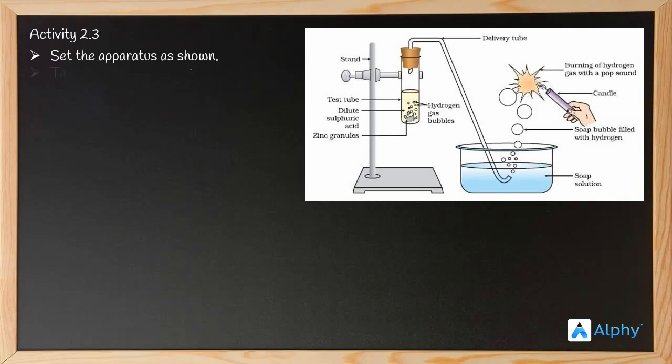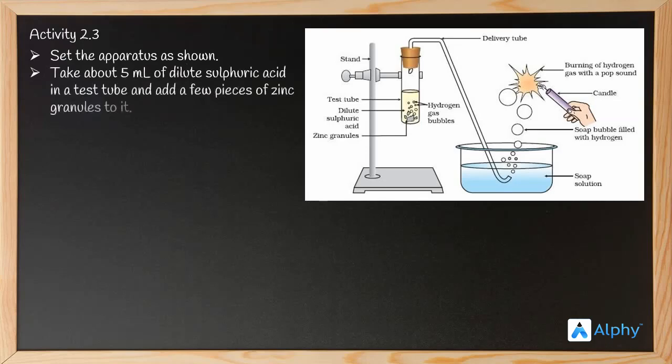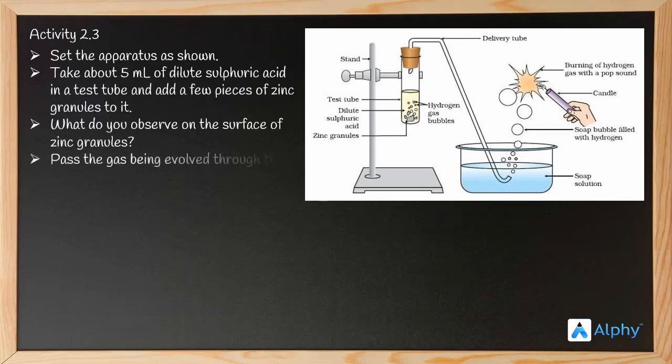So let's move on. Take about 5 ml of dilute sulfuric acid in the test tube and add a few pieces of zinc granules to it. What do you observe on the surface of zinc granules? So just list down what we have to observe. The first point is we have to observe the surface of zinc granules and pass the gas being evolved through the soap solution. The gas which is evolved will directly pass through the soap solution because there is a delivery tube.